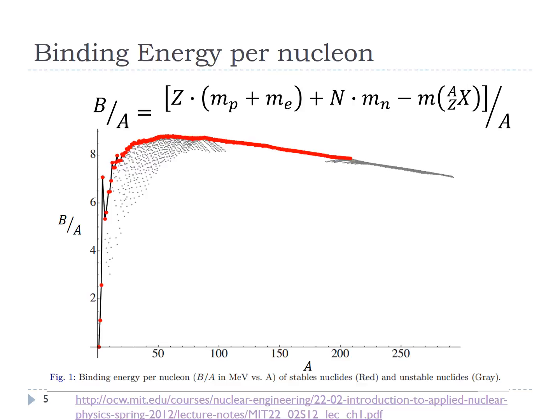And so what you can see here is B of A is a positive number. It tells you how much lower of an energy state the atom is compared to its individual components. And so it's always going to be a positive number, definitely for any stable atom.